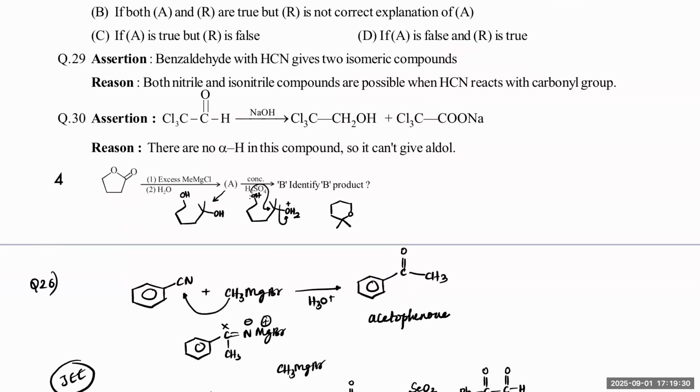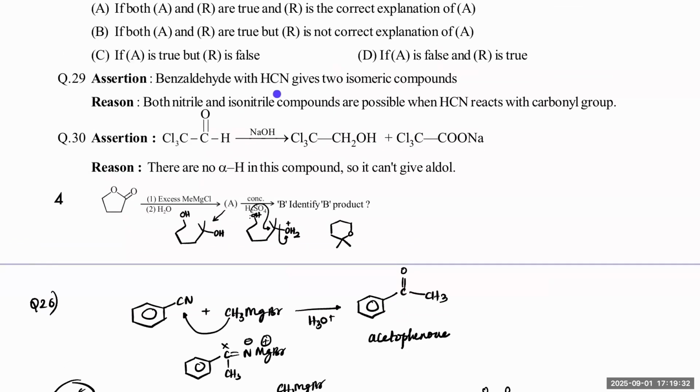Benzaldehyde with HCN is giving two isomeric compounds. Both nitrile and isonitrile compounds are possible with HCN reacting with carbonyl group. Okay, so let us try to decode what exactly it is trying to say.